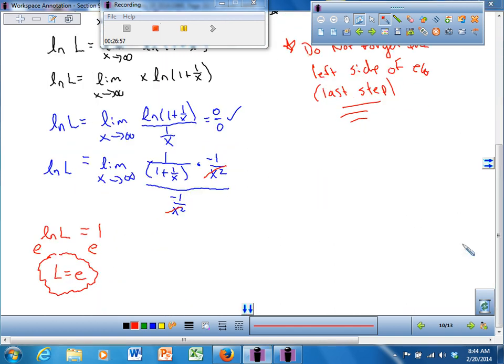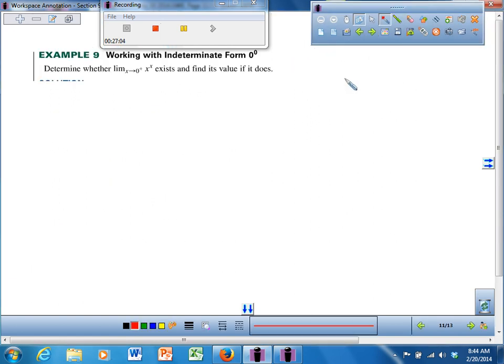So those are our longest ones. Okay? I want you to do one more, similar to that one. Example 9, I want you to try at your desk. Now notice on this one, what you are doing is the limit as x approaches 0 from the right, there's a plus there, of x to the x.